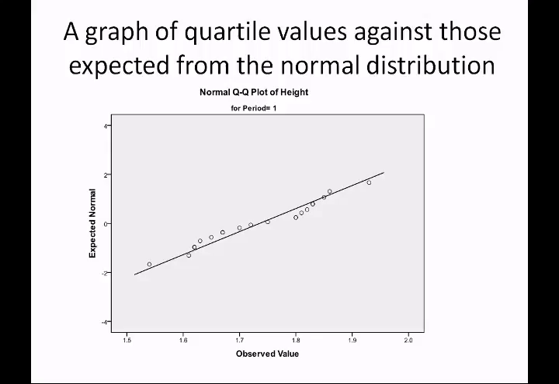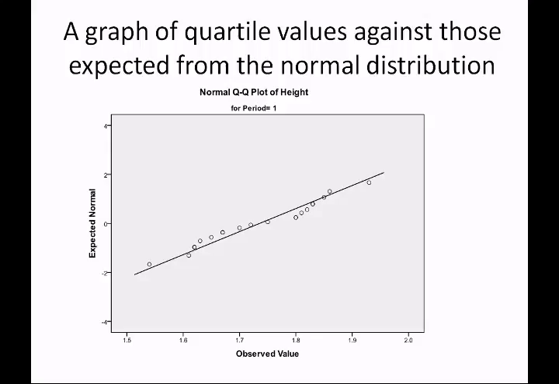Moving on to graphical representations, here we have something which is called a QQ plot. Sometimes you'll see PP plots. Basically what these do is they graph what we know about the percentiles against what we know about the percentage distribution of observations throughout the normal distribution.